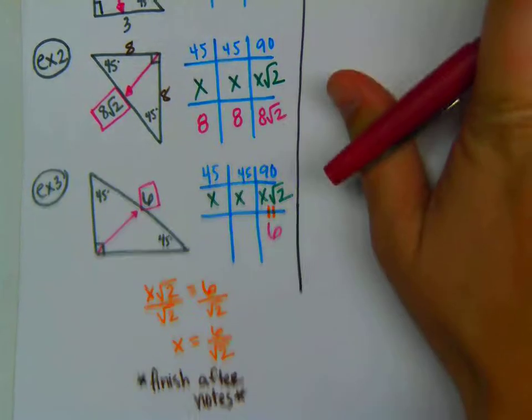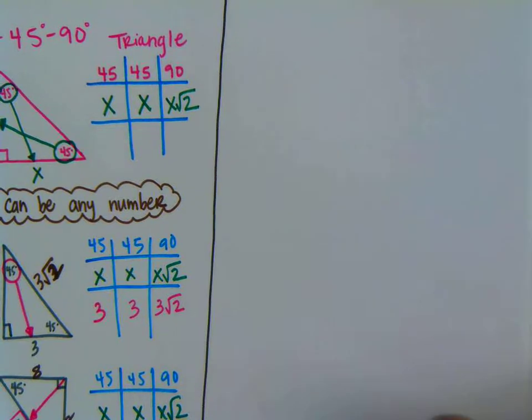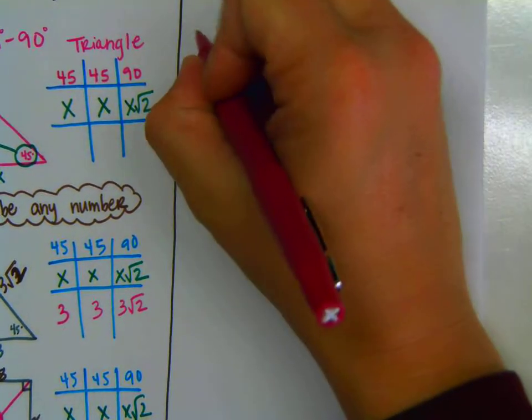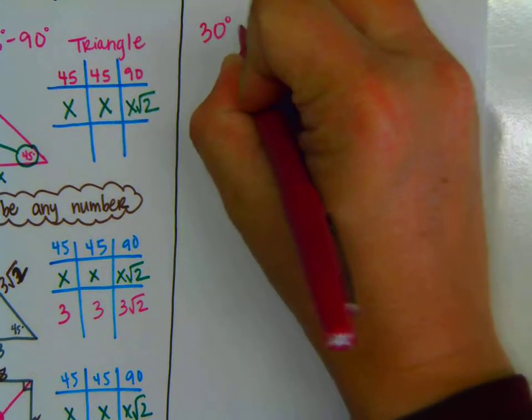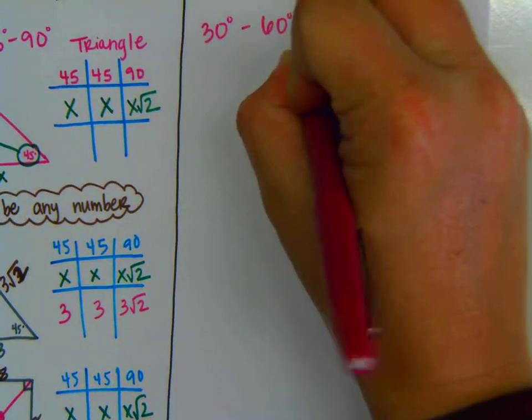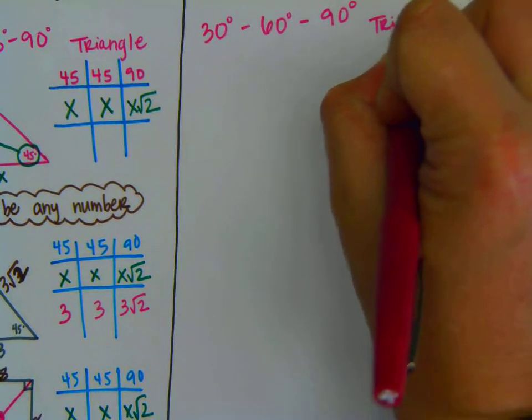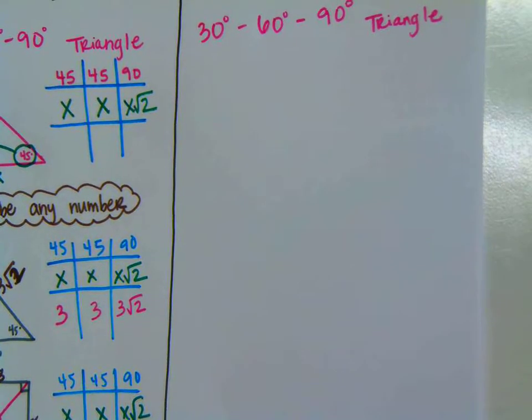Okay, let's go all the way back to the top. Now, our next triangle is going to be a 30, 60, 90 triangle. So now our angle measures are different. They're not always 45, 45, 90.